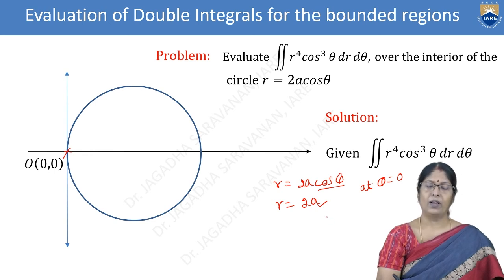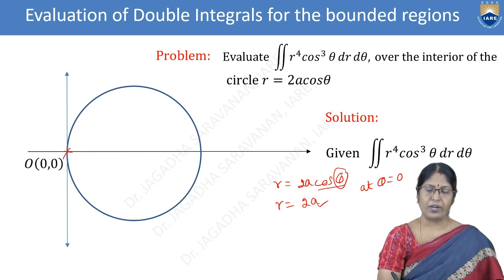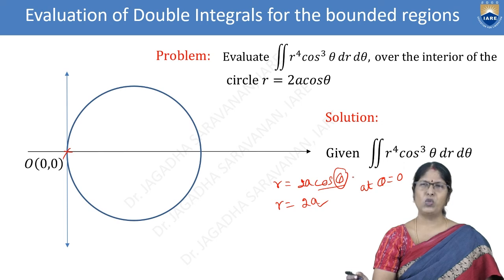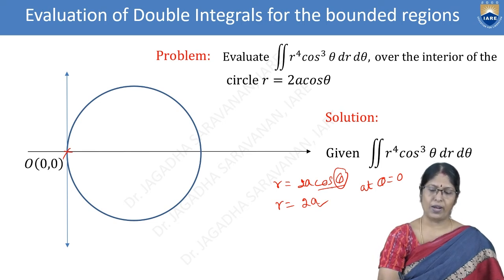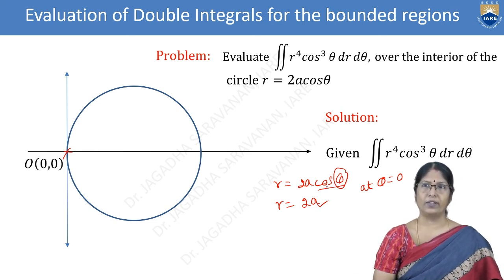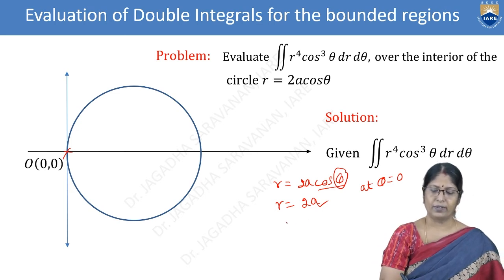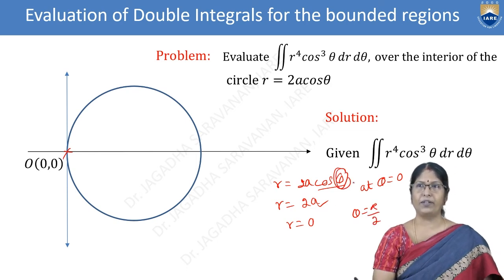Next, here we will put pi by 2. The trigonometric values we are very familiar with. Cos 90, we know, is 0. So when theta equal to pi by 2 and we substitute in place of theta, it gives r equal to 0.